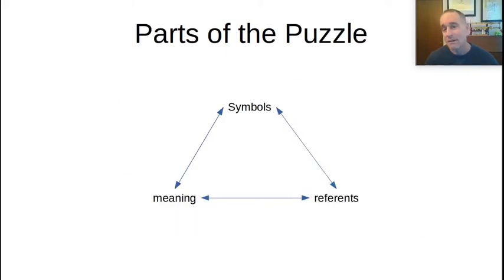So there are really 3 things going on here. There are the symbols, the abstractions, there are the reference, the things in the real world, and then there are what those things mean. And it's really this meaning portion of this triangular relationship that we try to get at with the notion of semantics, the study of semantics, creating symbol systems that have predictive value, even though they are just abstractions.